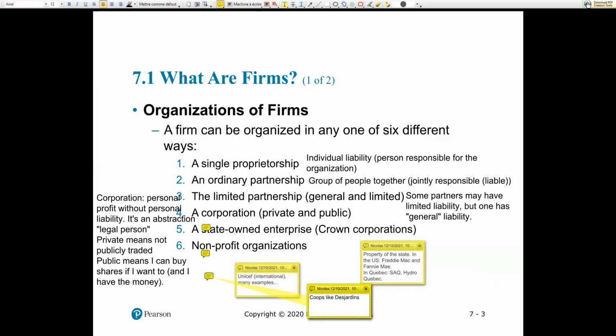So the goal is to provide goods and services to members without generating a profit.